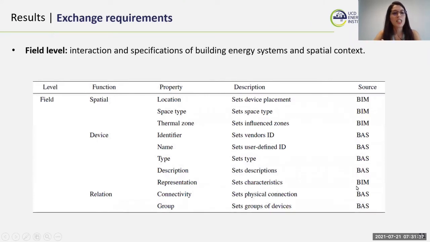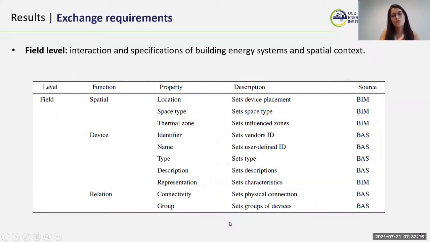Now, in terms of the exchange requirements, starting from the field level, we have the spatial information being exploited to locate the system placements, which can be used for optimization strategies based on thermal zones and the location and the space. And also there is the focus on the system's information to be also individualized and having all the descriptions and geometric representations of the device, and in terms of physical connection as well.